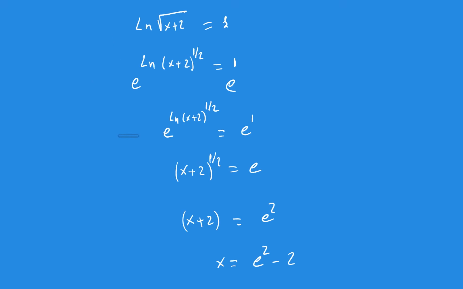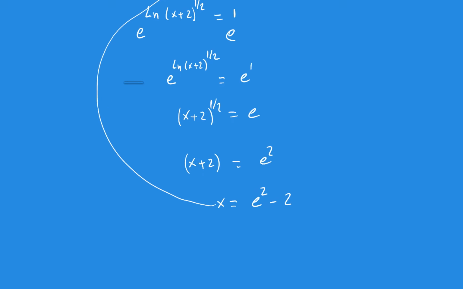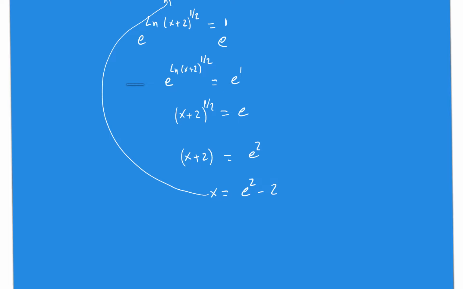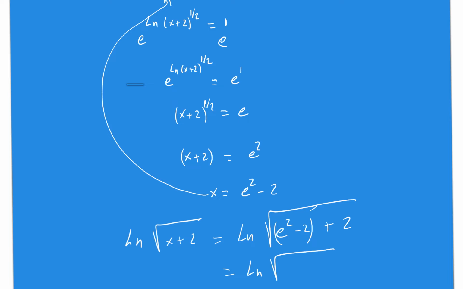What it means that this is the solution is that you take the x, you plug it in here, and you obtain 1. Well, let's do it. The log of the square root of x plus 2, when x is equal to e squared minus 2 plus 2, is equal to the log of the square root of e squared, which is equal to the log of e, which is 1.